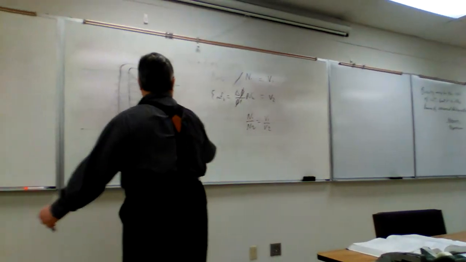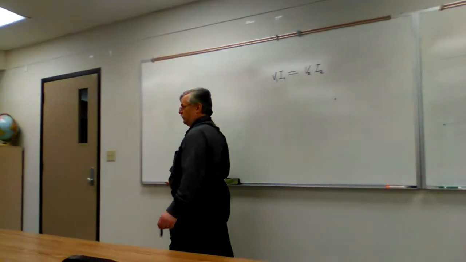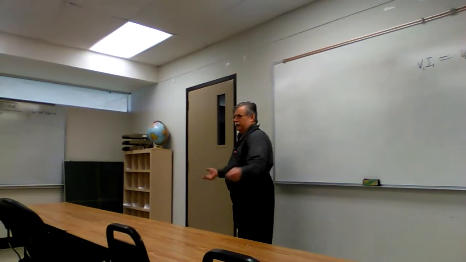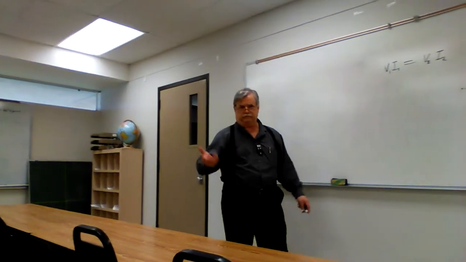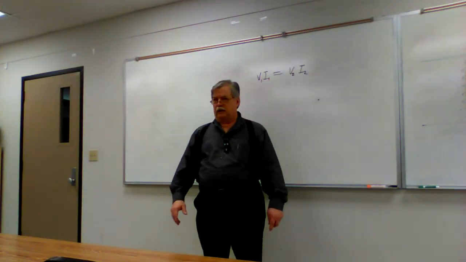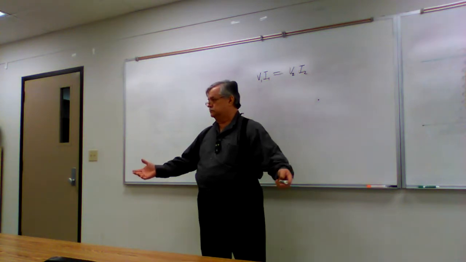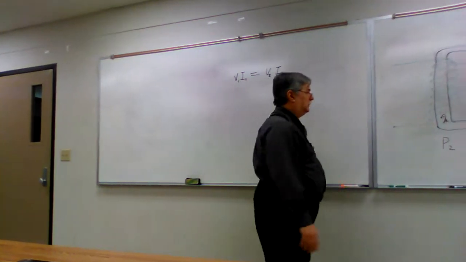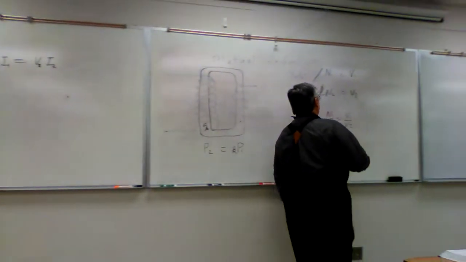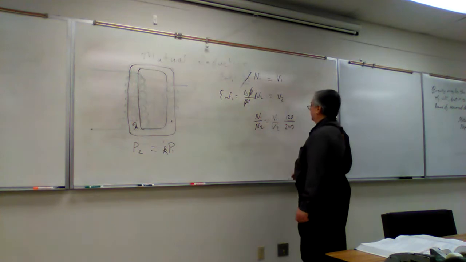Now, how would you manipulate these? You own a transformer, you have a voltage of 120 volts AC, 60 hertz, and you need 240 volts. Well, your primary voltage is 120, and your secondary voltage you need is 240.